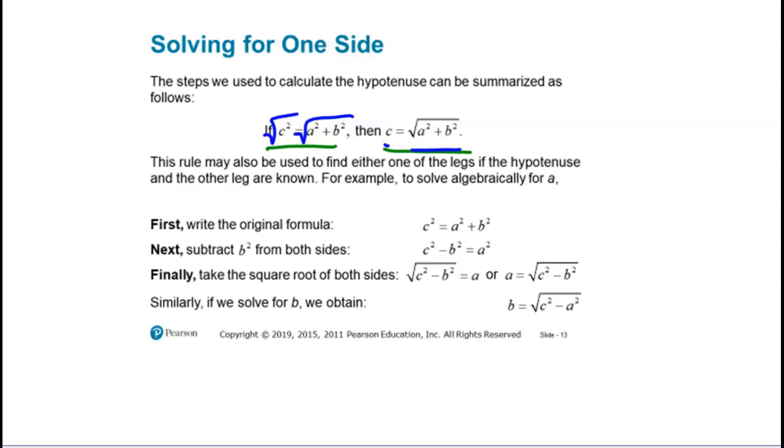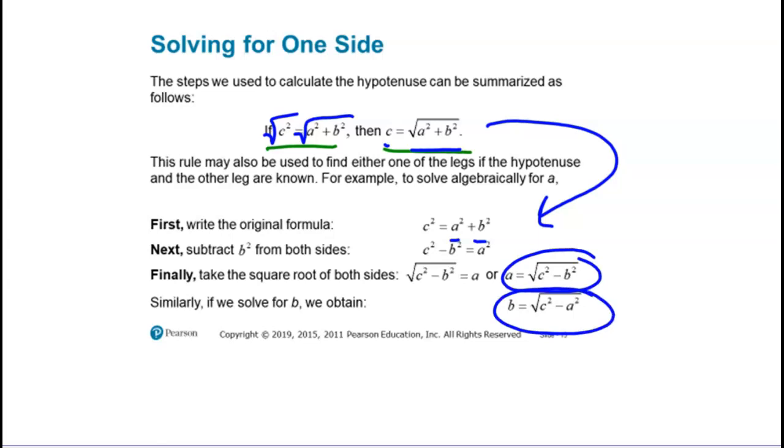And then we can use that calculation in different forms to move the variables around, subtracting from one side what you do to the other, and you end up with either solving for A or being able to solve for B. And that's the formula that you can use for those.